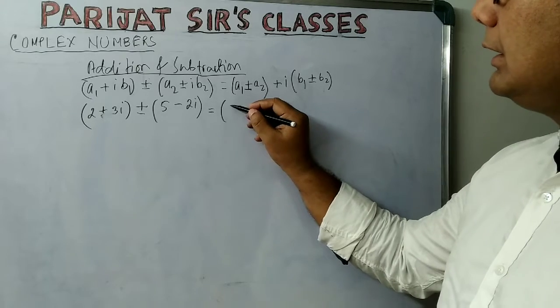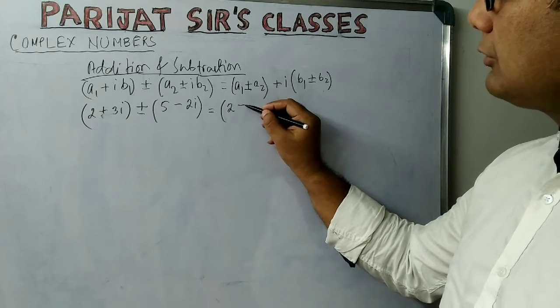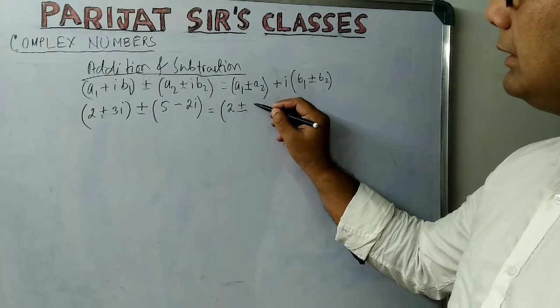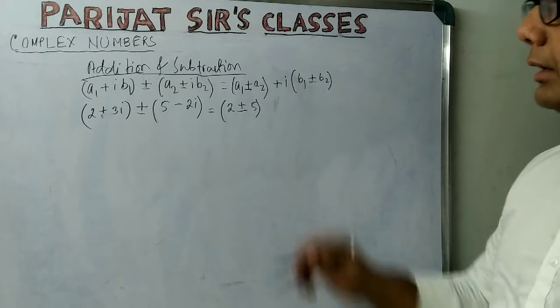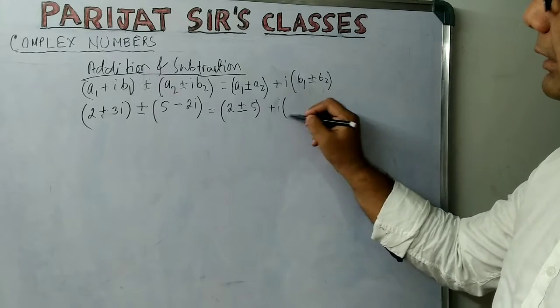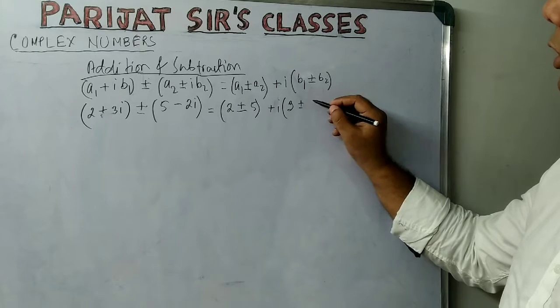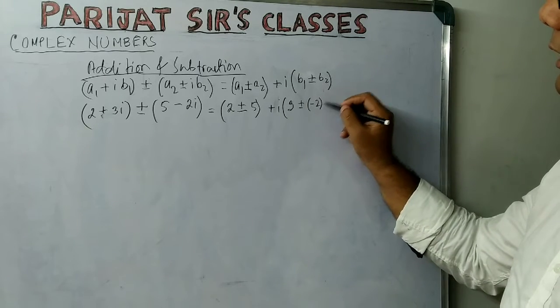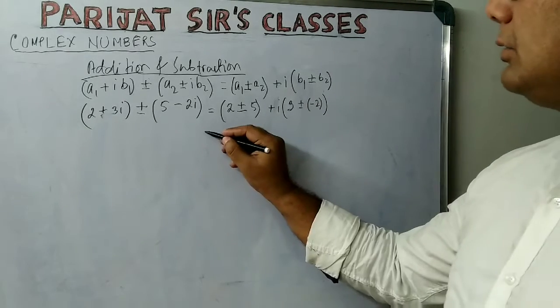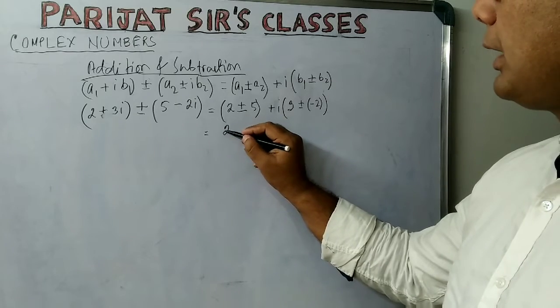It's very easy. Keep the real parts together, real parts will be plus or minus, plus i times the imaginary parts, 3 plus or minus of minus 2. So what is the answer?